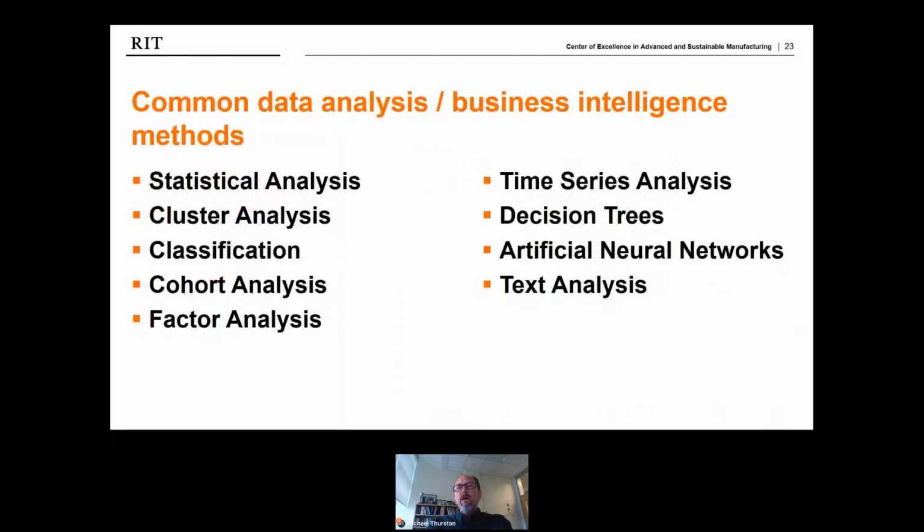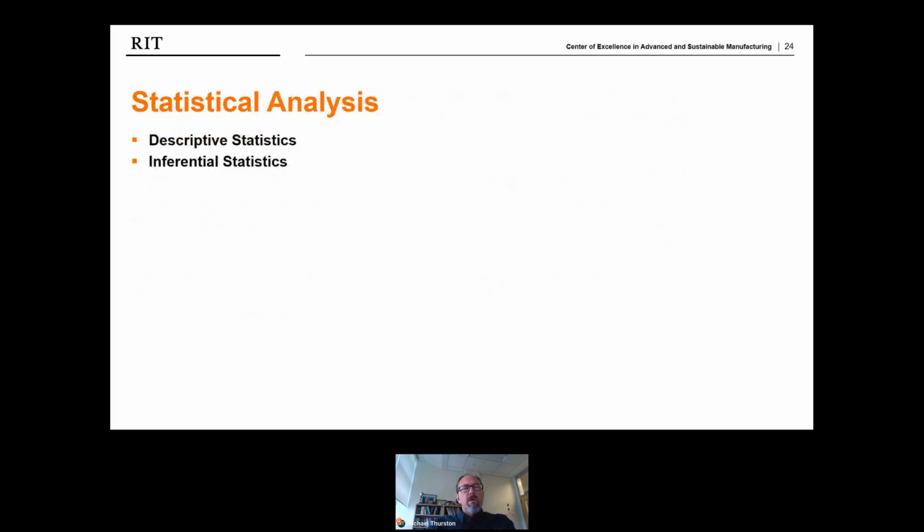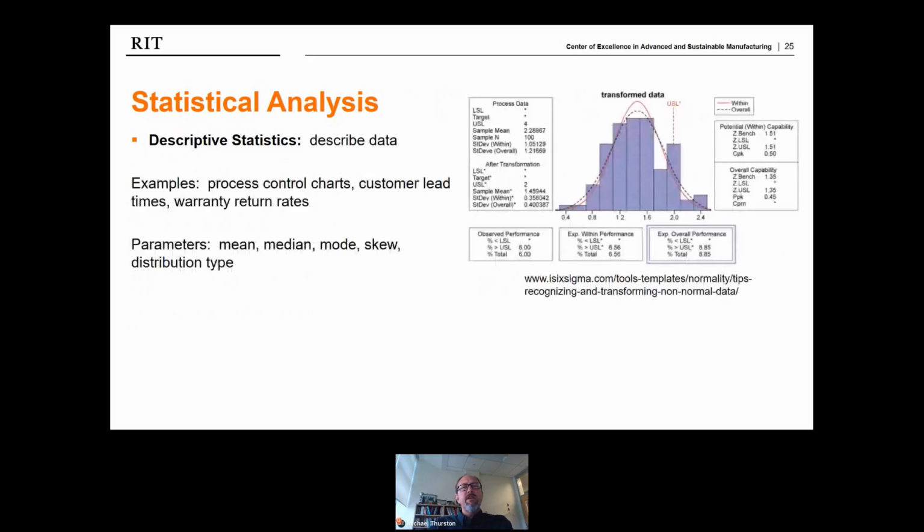These are the other techniques that are often used in data analytics and business analytics, and I'll cover each of these briefly. Machine learning plays into the application of many of these methods, which was one of the reasons I started with that. So statistical analysis, there's kind of two streams here: descriptive statistics and inferential statistics.